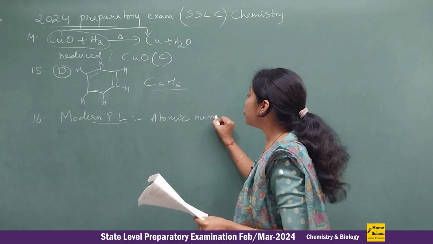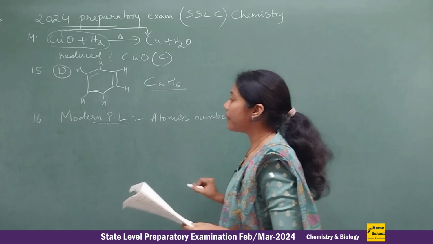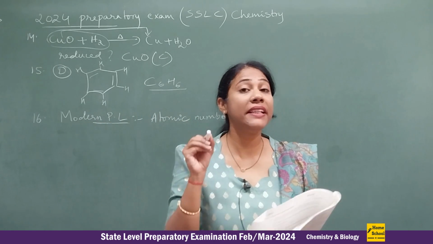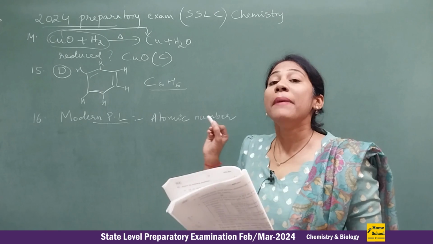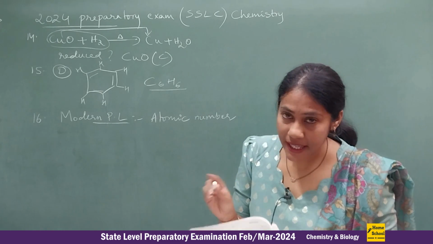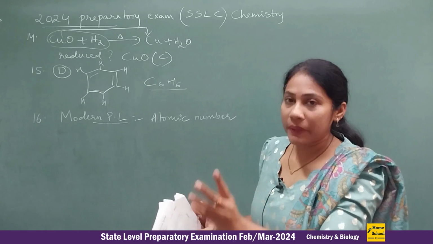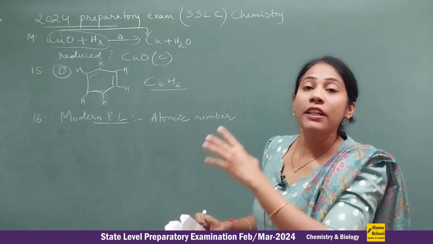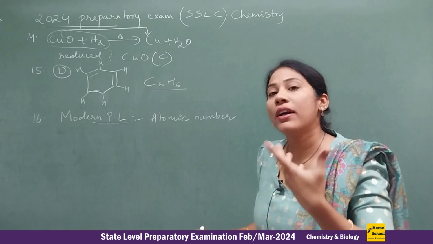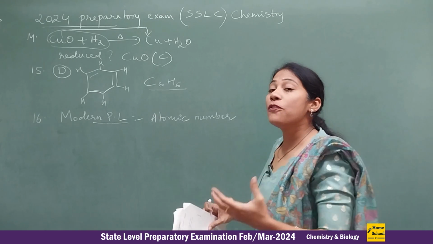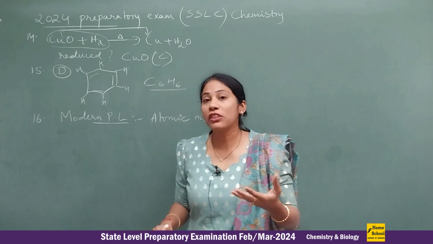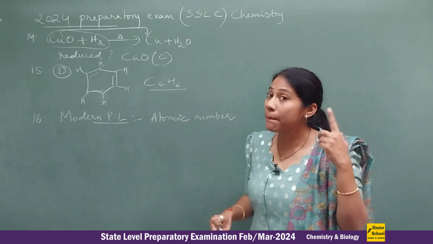Two definitions are very important to remember. One is the modern periodic law, the other one is Mendeleev's periodic law. Mendeleev's periodic law says physical and chemical properties, instead of depend on, you use the term periodic functions, are periodic functions of their atomic mass.